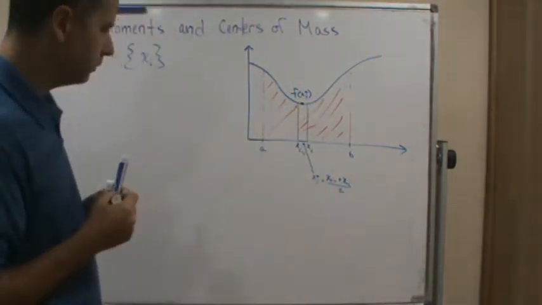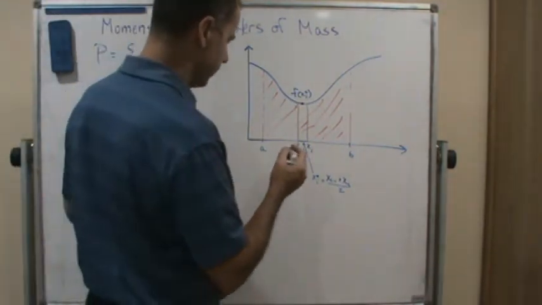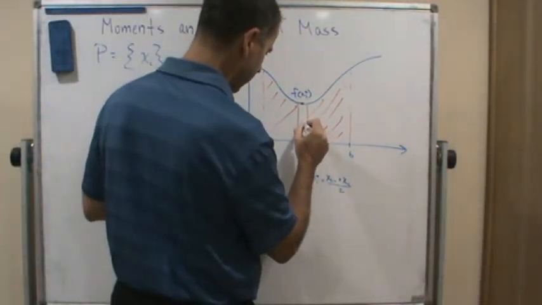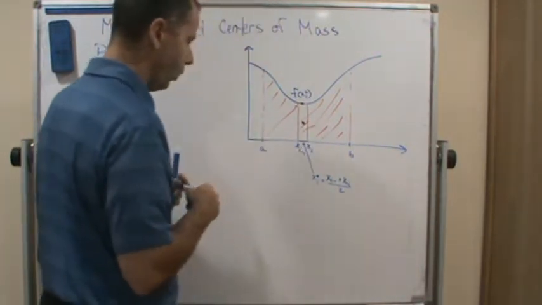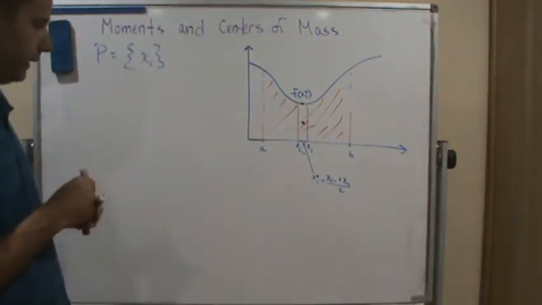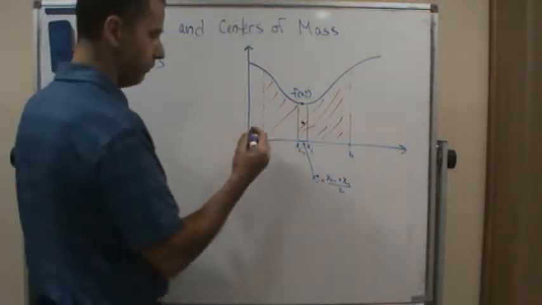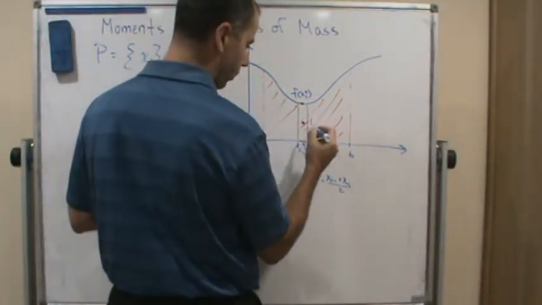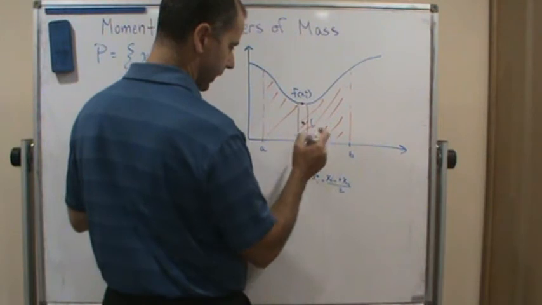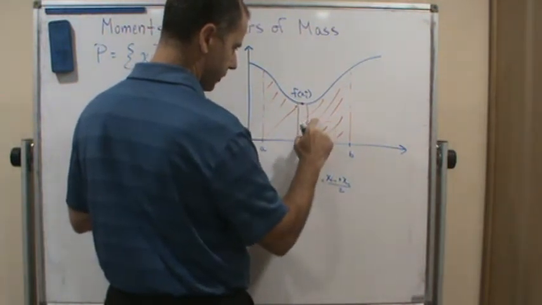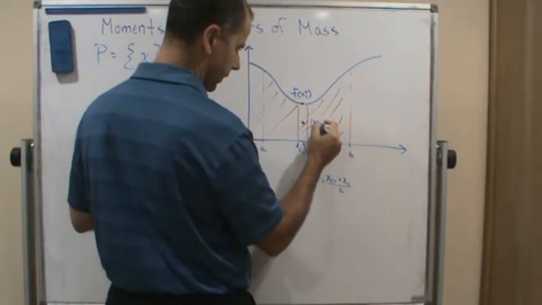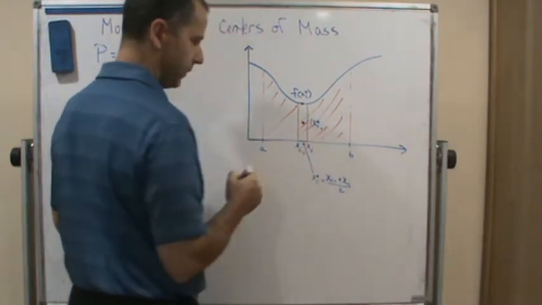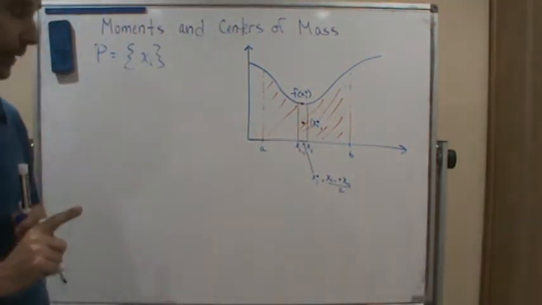Okay, so let's say our centroid is located right about here, where the point is going to be what? It's going to be x sub i star, that's the midpoint of the base.